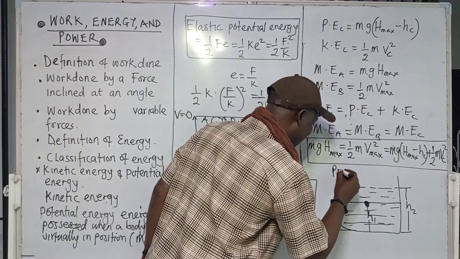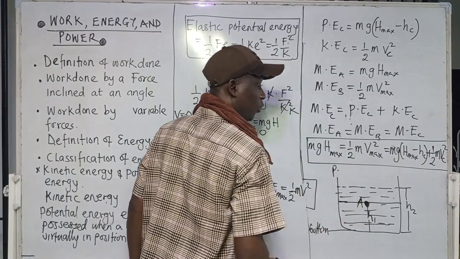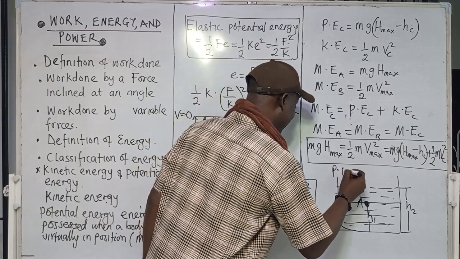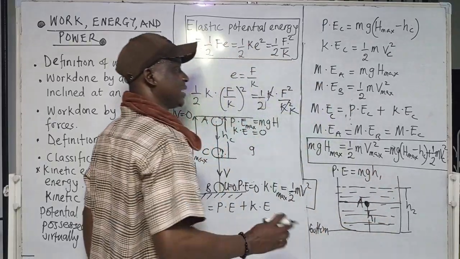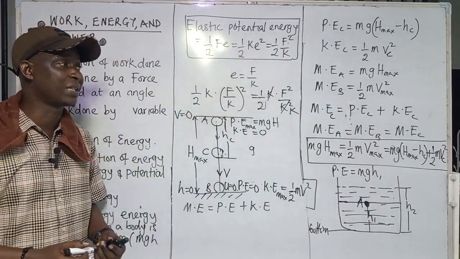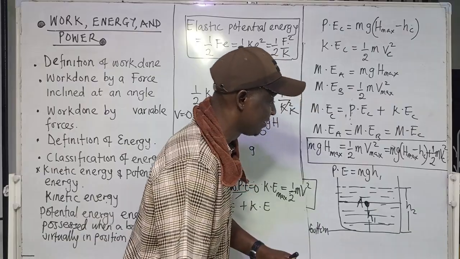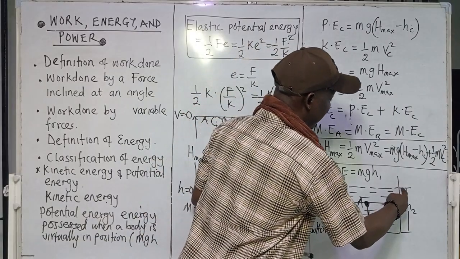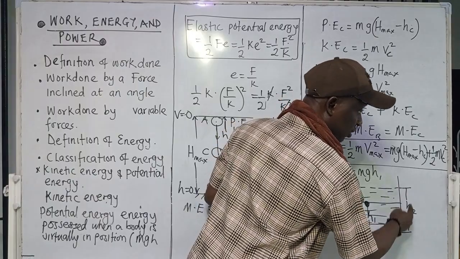It's just for you to say potential energy at A, inside the well, is equal to mgh1. It's as simple as that. No need to waste your time and begin to multiply inside the well. You can still say minus H1 because inside the well minus H2.